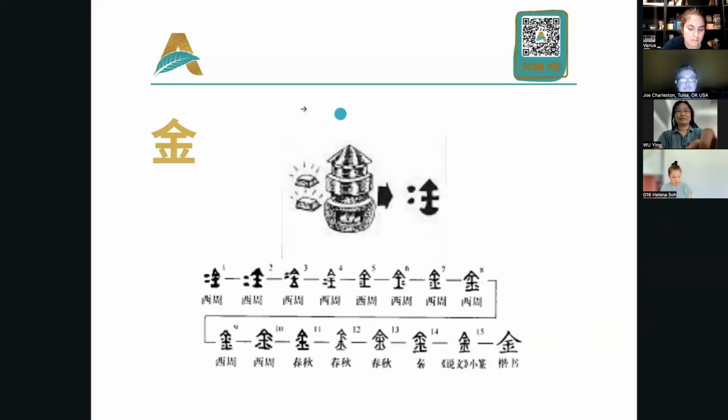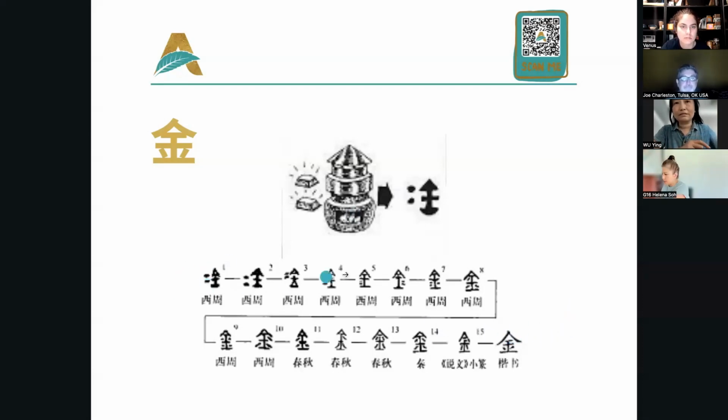And this is the writing for Jing. How do we memorize it? I picture it as a 2-layer box with a fancy top. Then you put the 2 bars of gold on each side, and it becomes this. So it's easier to remember.